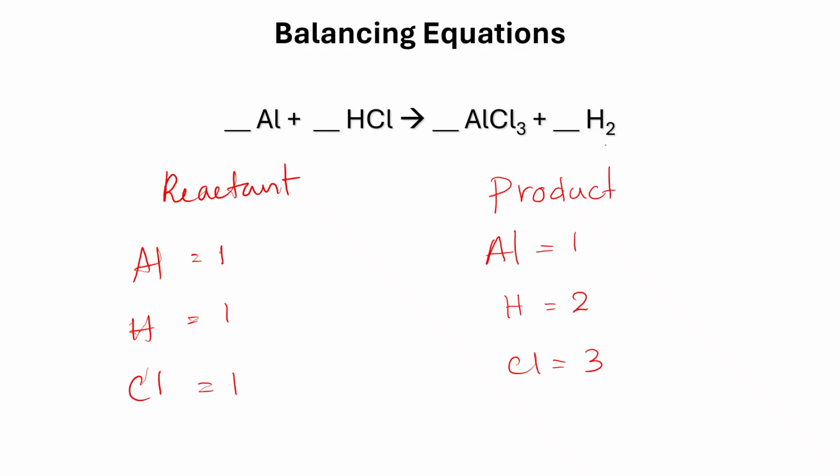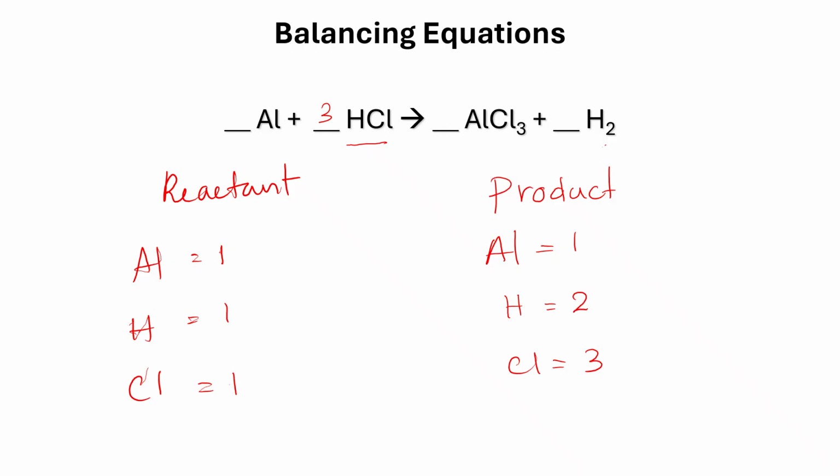On the reactant side, you have chlorine and hydrogen together in hydrochloric acid. So if you put 3 in front of hydrochloric acid, that makes 3 hydrogens and 3 chlorines. Chlorine is balanced, but hydrogen is not.